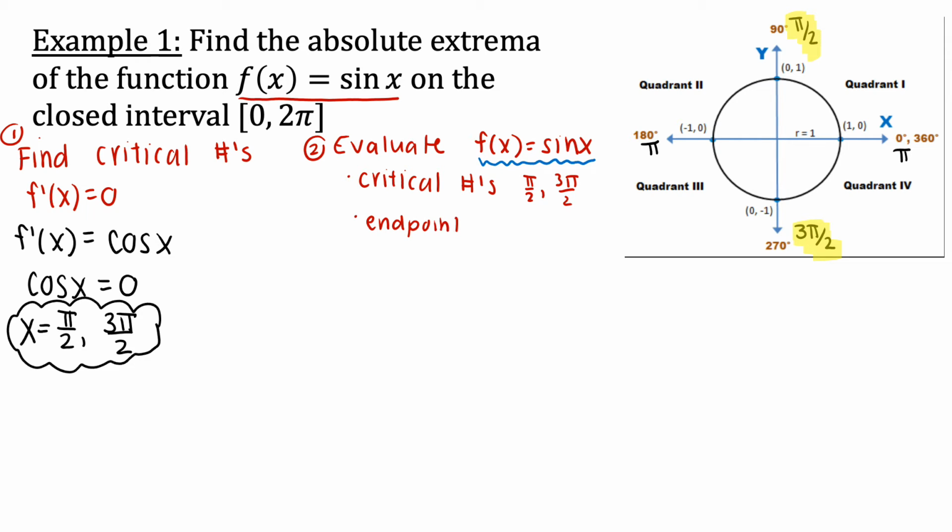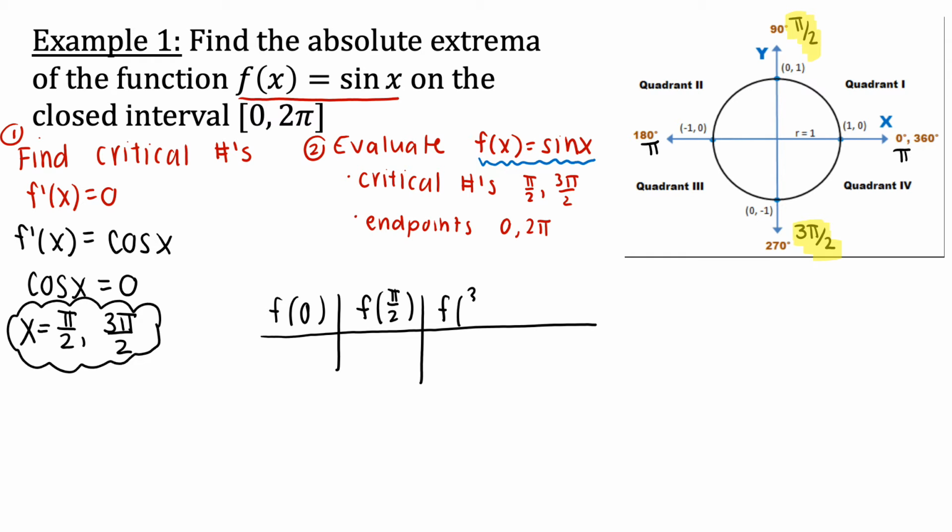When we say endpoints, we mean the endpoints of the interval that they gave us, so that would be 0 and 2 pi. So I'm going to set up a table so we know what we're evaluating here. So we're going to evaluate our function at 0, our critical numbers, pi over 2 and 3 pi over 2, and then our endpoints.